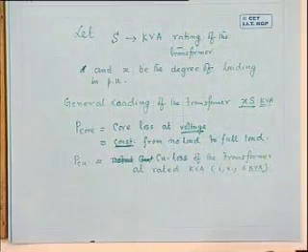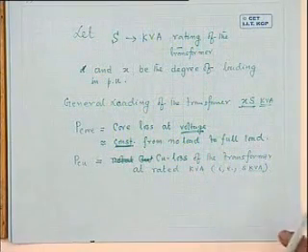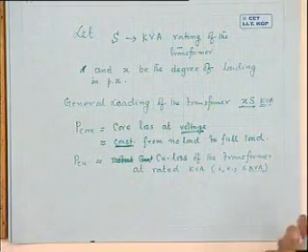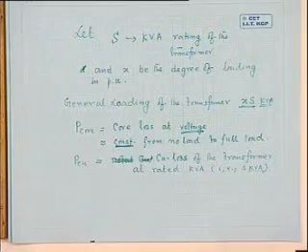Copper loss in the transformer, what do I mean by it? It is the I squared R_e loss. It does not matter from which side you calculate. Take the R_e value of that side, multiply it with the square of the current of that side. You will get the total copper loss.